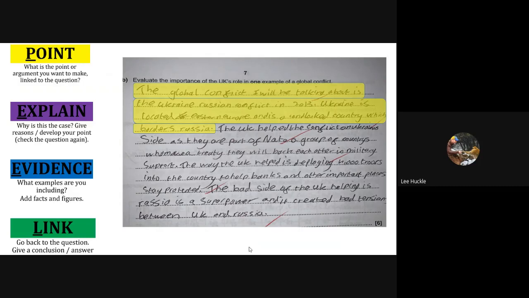What they've then done is the explanation. Here, what they've gone into detail is what the UK have done to help in that conflict. So the UK helped in the conflict, and in the Ukraine, they're part of NATO, it goes on to explain. And what they've done is they've used that to go into a bit of depth of explanation linked to the point they've made.